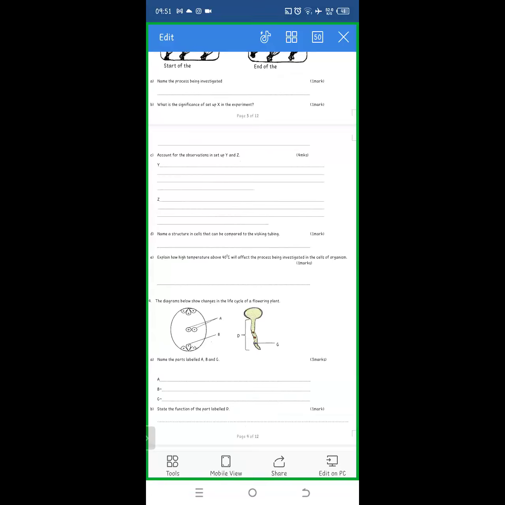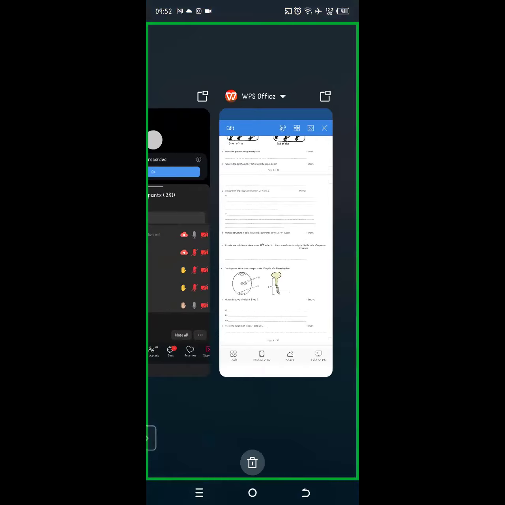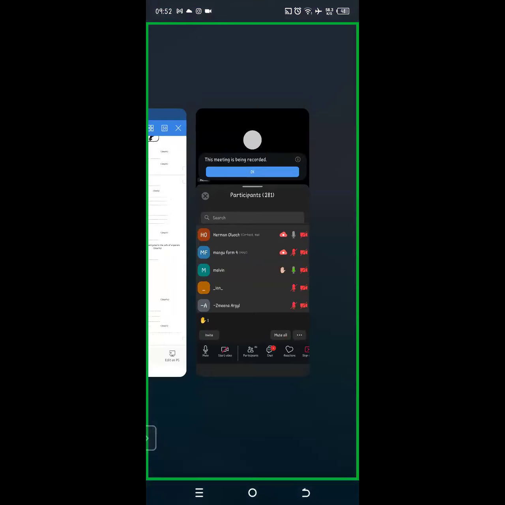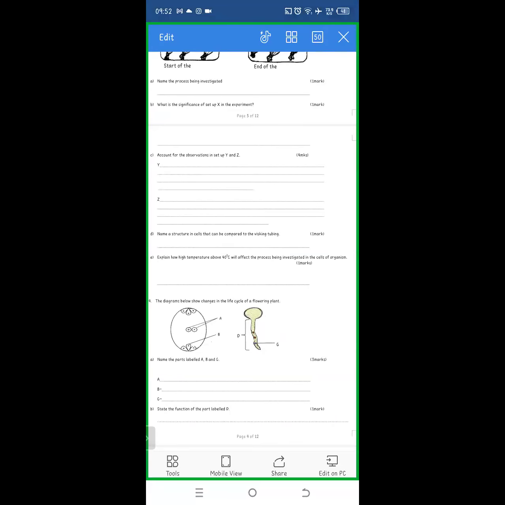What about part E? Explain how high temperature, above 40, will affect the process being investigated in the cells of an organism. Melvin, can you tell us that? He has gone MIA. Okay, can you help us explain that? How would temperature above 40 affect the process being investigated in the cells of an organism?